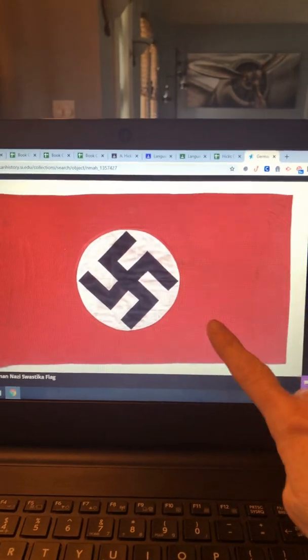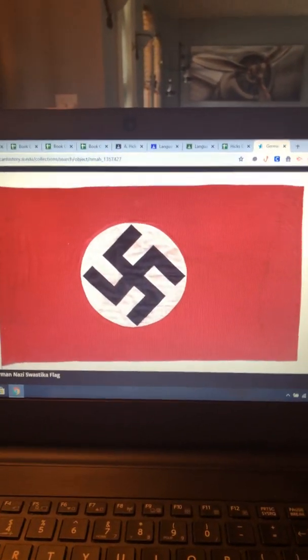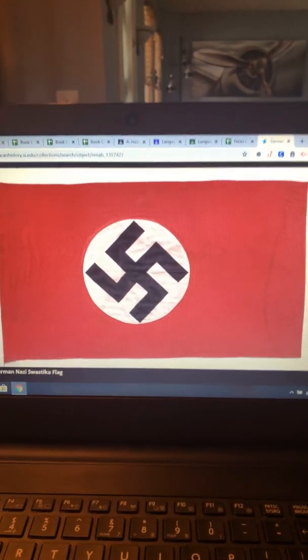So it would have been all red background with the white circle and then the crossed arms that make up the swastika symbol. And you probably remember seeing that on the slideshow of the Holocaust when I showed you the propaganda, the posters that Hitler had created to get people to turn against the Jewish religion and make people want to be a part of the Nazi party.